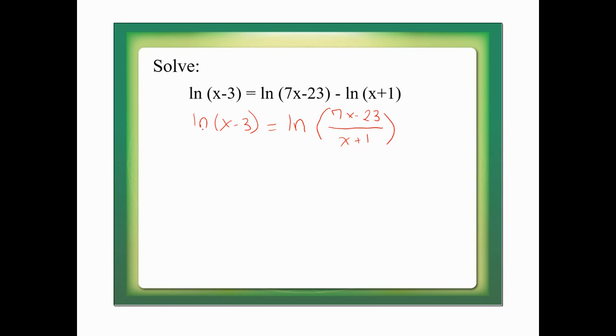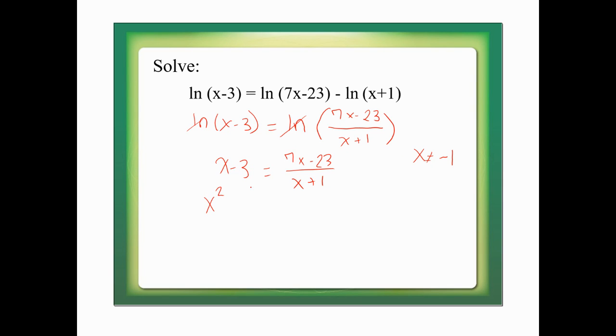Since natural log is on both sides, just like we could take the natural log on both sides, we can cancel it out on both sides because it's equivalent. Technically, we're raising both sides to e to that power. So I get x minus 3 equals 7x minus 23 over x plus 1. We need to restrict our domain to know that x cannot equal negative 1. And then we could solve.